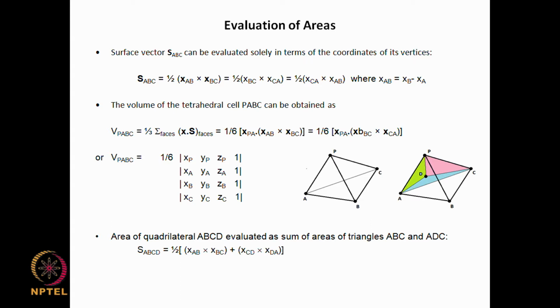So, for whatever cell you are evaluating these things, for the same vertices making up that particular surface or volume, you will always have the same surface area vector, and that is necessary for a consistent evaluation of the fluxes.